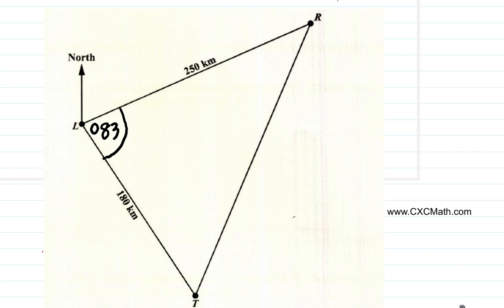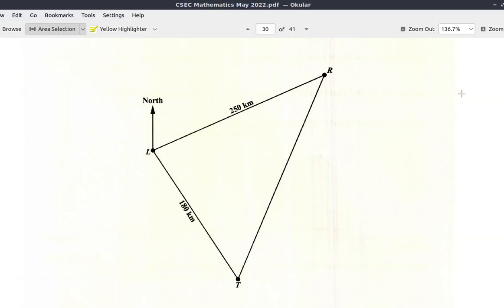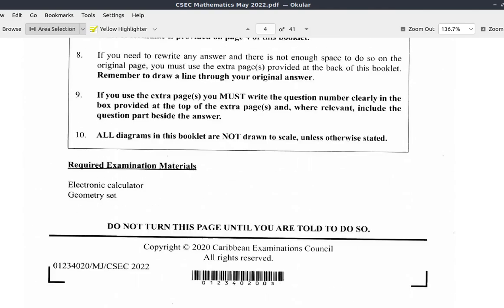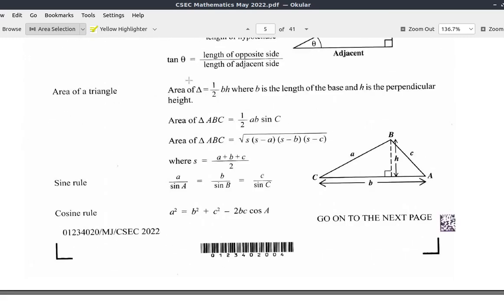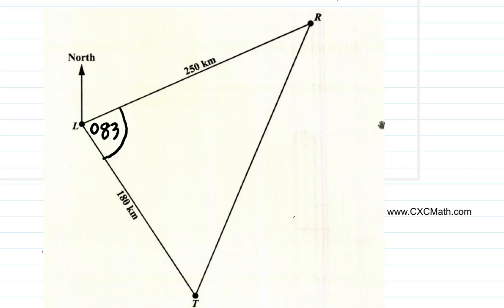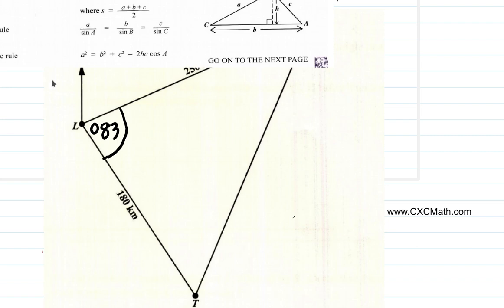Here. Now, let's go to our formula sheet, because what you're going to use is the sine and cosine rule. Alright? Let's just copy those rules and put them over here. Let's paste it here.